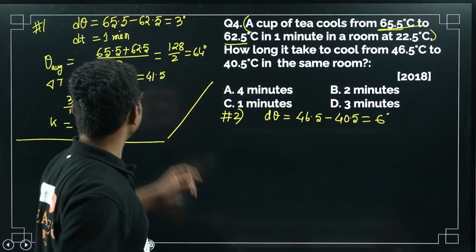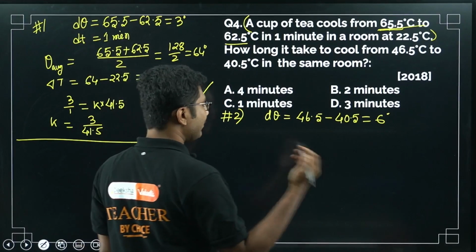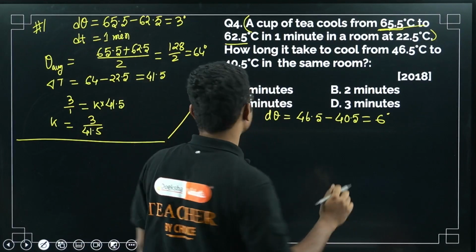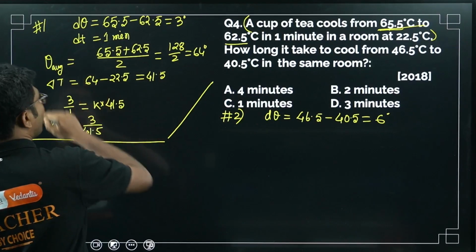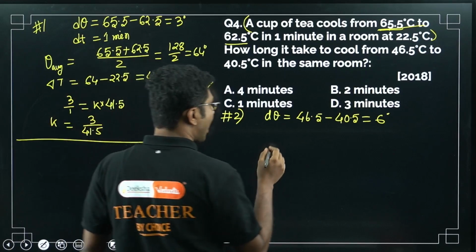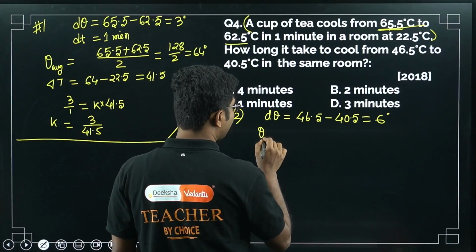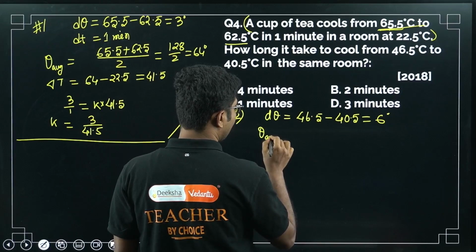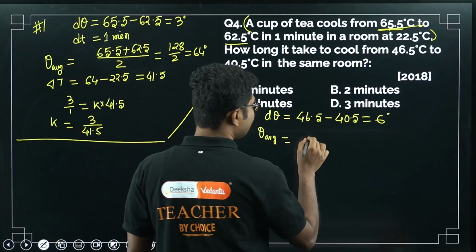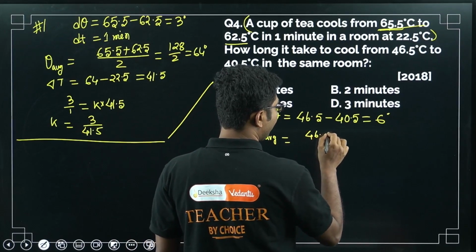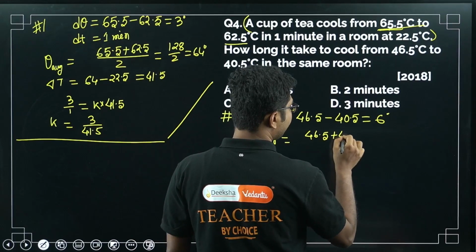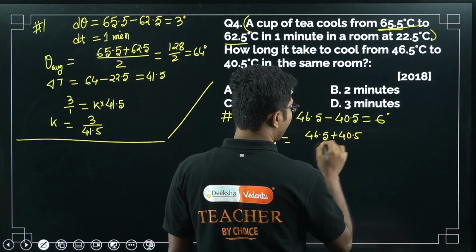Now what is the dt? dt we don't know, we are trying to calculate dt in this case. So how to calculate it? First you have to calculate the theta average, which is 46.5 plus 40.5 divided by 2.